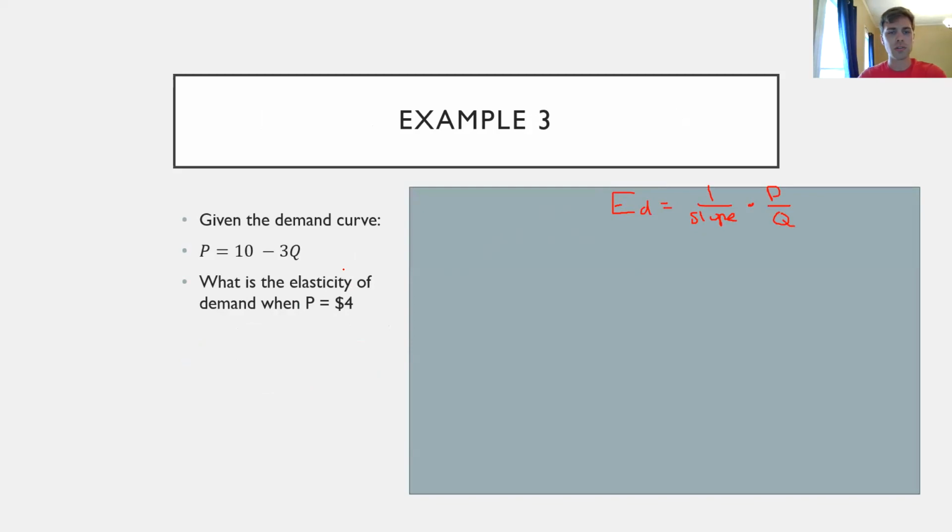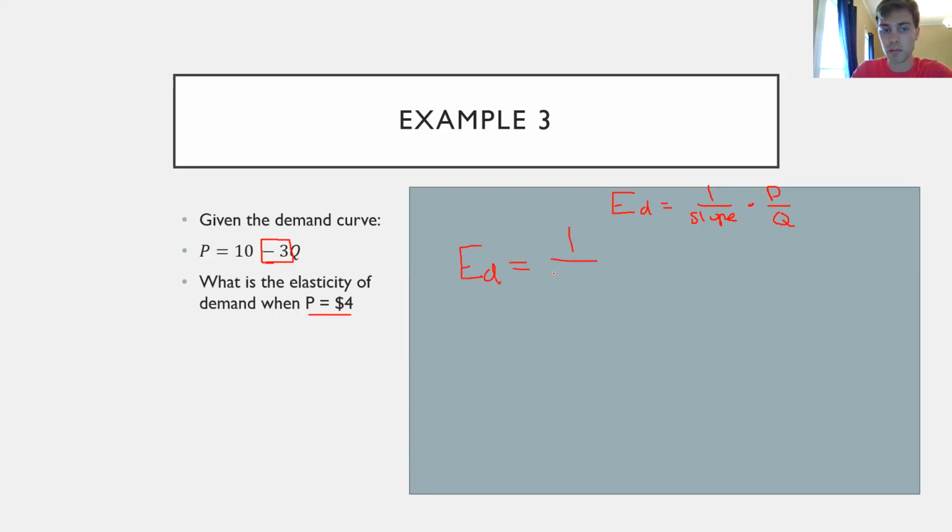This question is giving us a demand curve, P equals 10 minus 3Q, and it wants us to find the elasticity of demand when our price is 4. We can find three pieces of information that will give us the elasticity of demand. We already know the slope because we can take it directly from this demand equation. That's going to be -3. So we can start filling in our formula here.